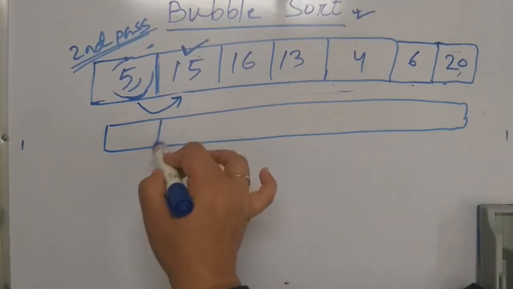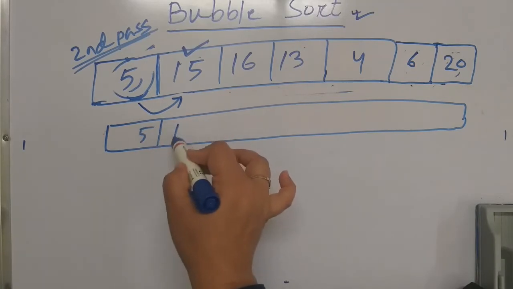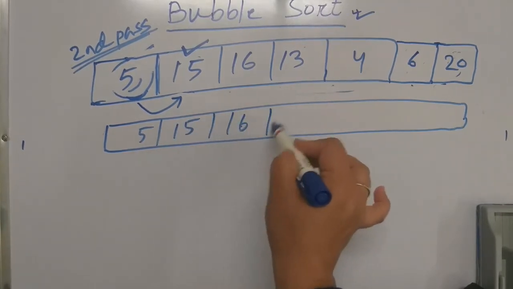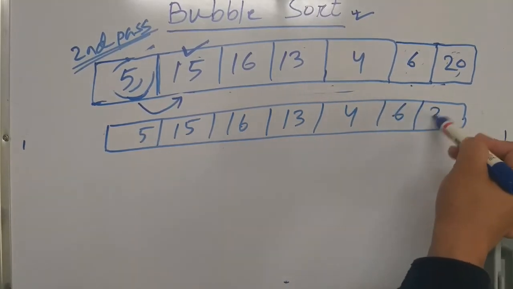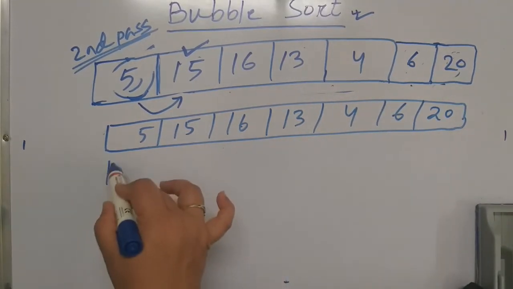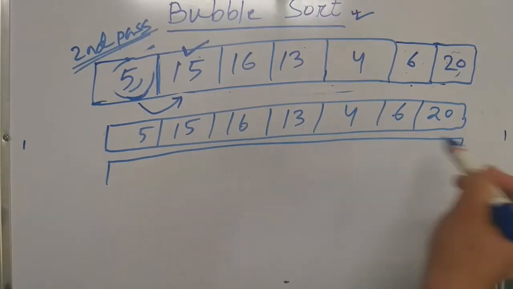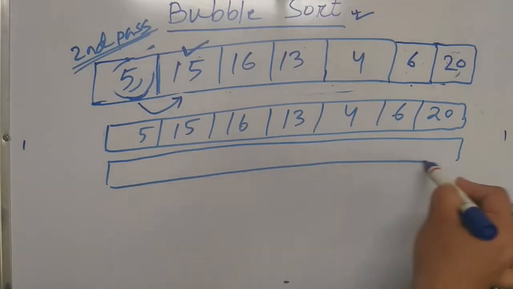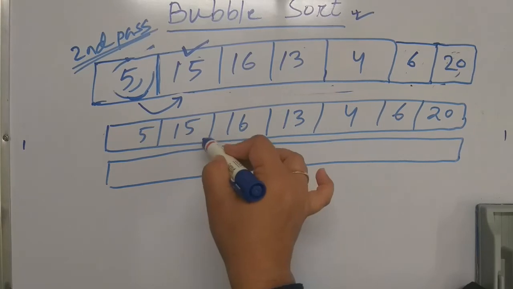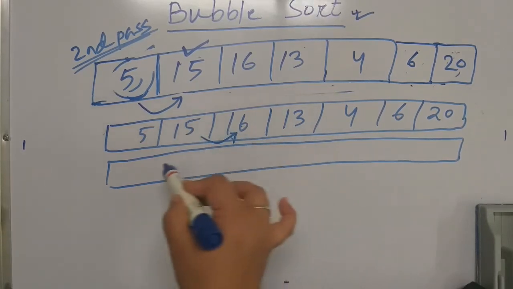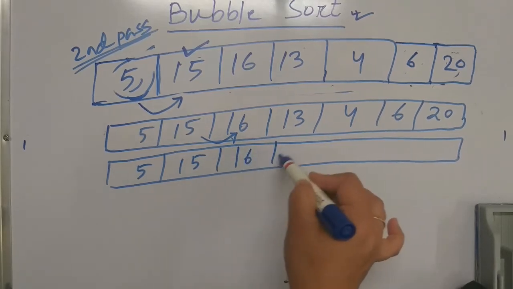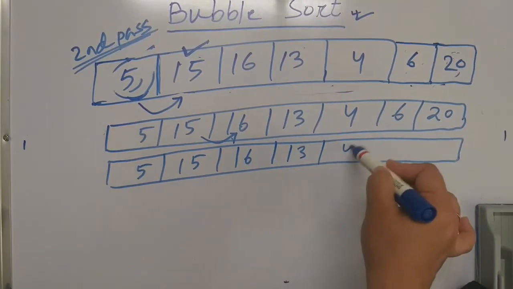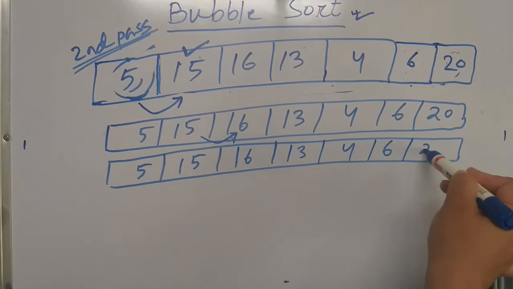So here it is 5, here it is 15, and all the remaining are the same, because we only compare one pair of elements at a time. Next we compare 15 with 16. What is the result? 5, 15, then 16, then 13, then 4, then 6, then 20.